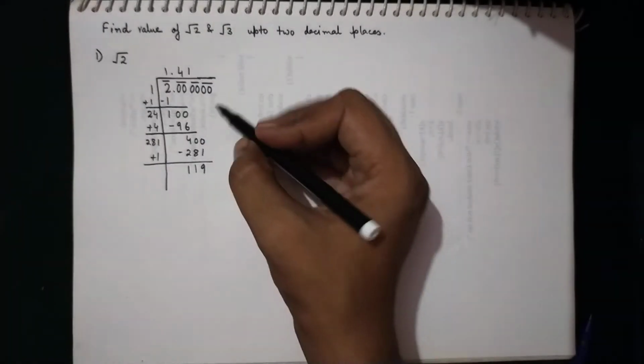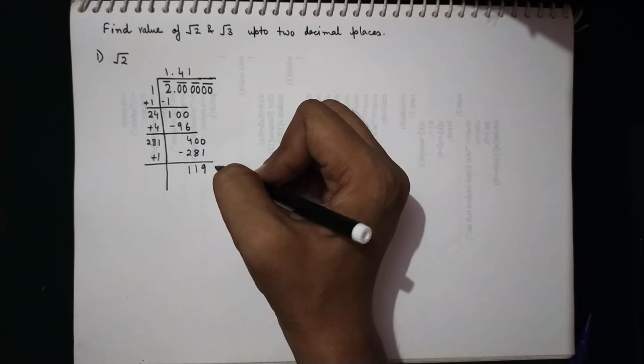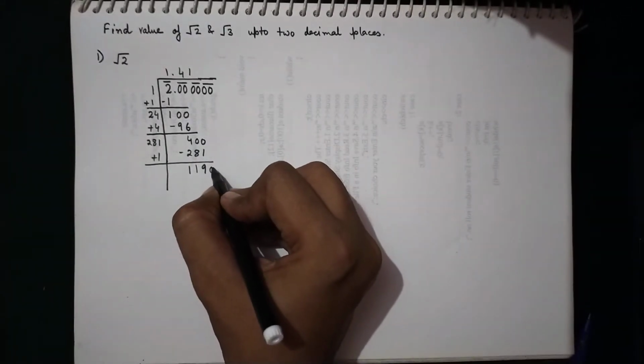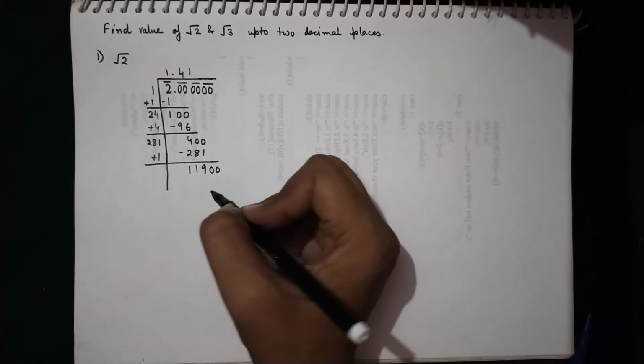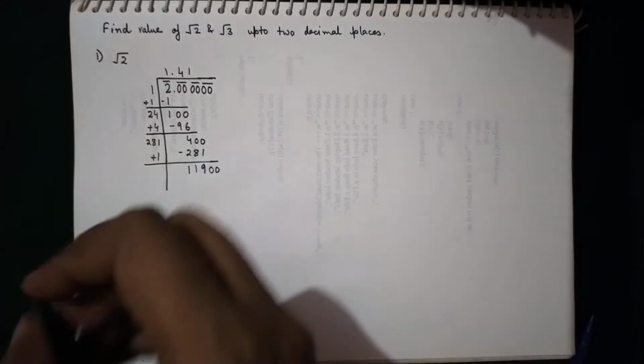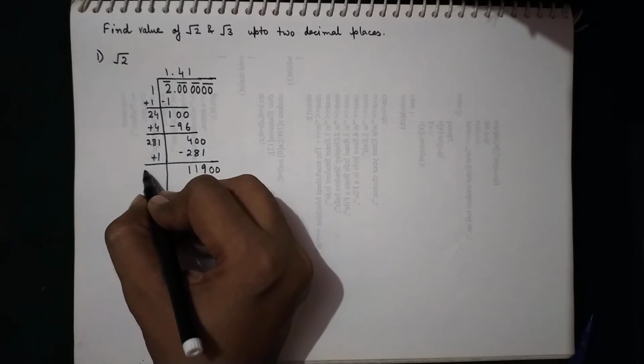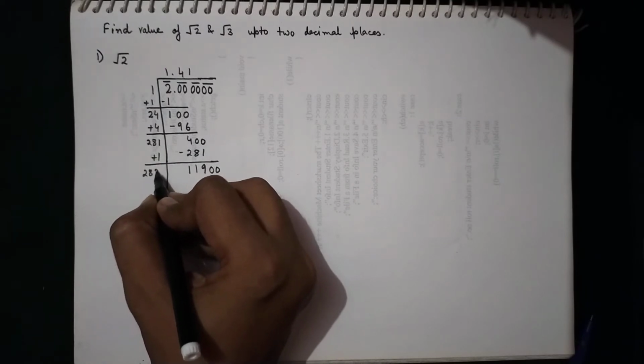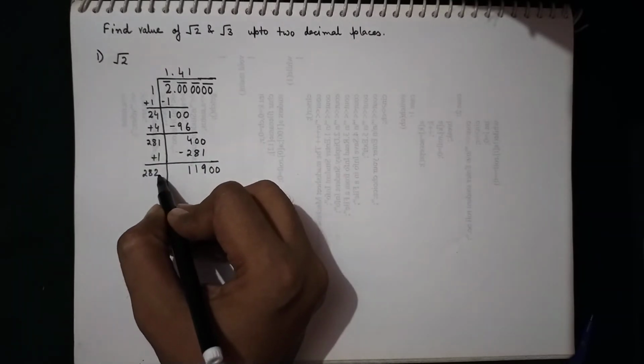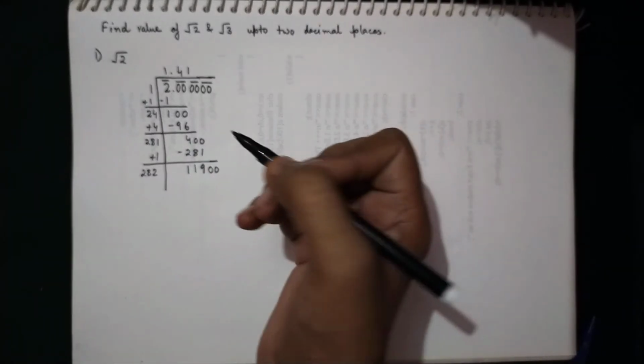Then you have to copy the next two digits. Now add this and this, and this will be 282. Now you have to write something over here and multiply with the same number.